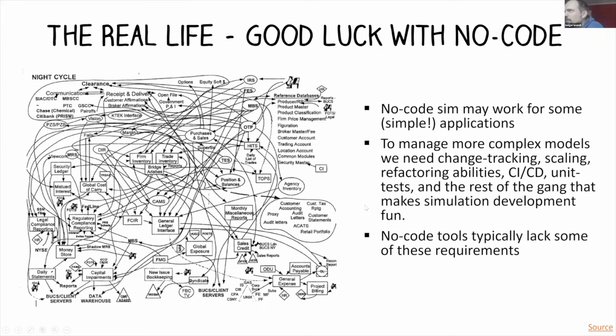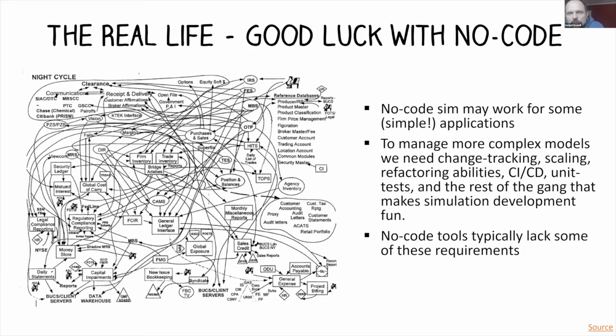So in my experience, no-code simulation works in cases where the process to be analyzed and optimized is rather simple. But in more complex business processes and models, we need classical software engineering techniques to really handle the complexity of our model. So we need change tracking, like we want to version everything in Git in a sensible way.